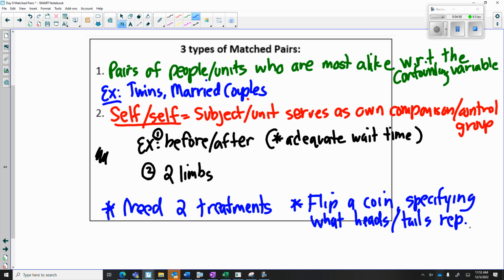Let heads represent energy drink, let tails represent water. Flip the coin, give them the assigned treatment, have them go jump as far as they can, record the result, and then after adequate wait time, maybe a day or two, to make sure there was no lingering effects of whatever the treatment was, then have them do the jump again with the other treatment, the water or the energy drink, and then compare themselves to themselves.